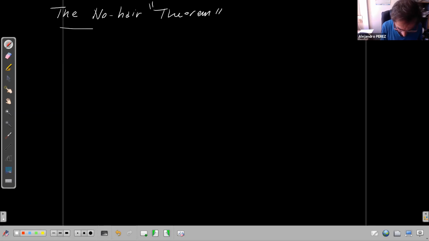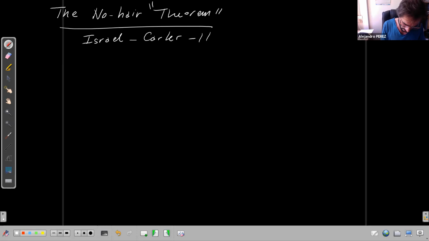So the no-hair theorem basically refers to a series of results obtained by Israel, Carter, Hawking, and Robinson, but there are many others that actually contributed. And as I say, there's still activity in trying to improve this result, trying to prove the uniqueness of the Kerr-Newman solution.